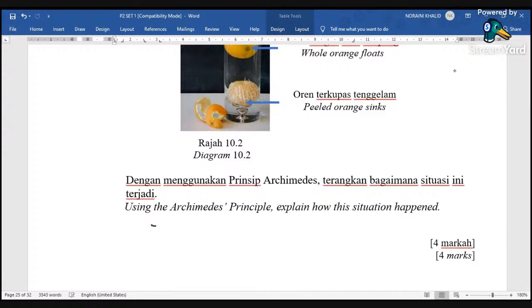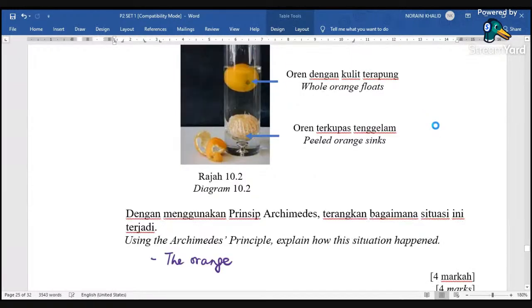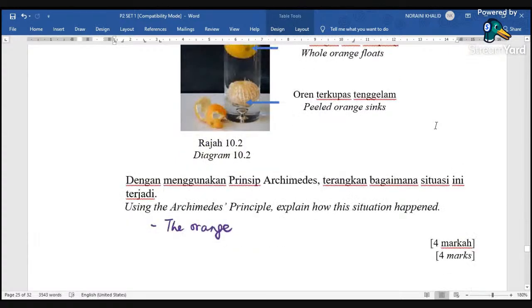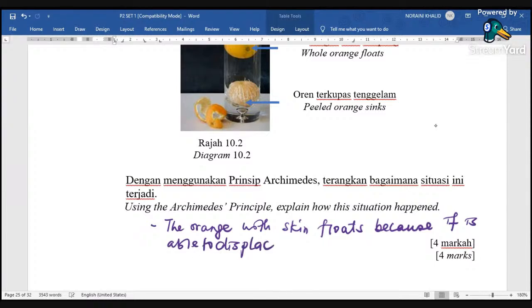Okay, first point you can write down. Okay, let's just explain why the one with skin floats. Orange with skin is able to displace more water compared to the peeled orange.